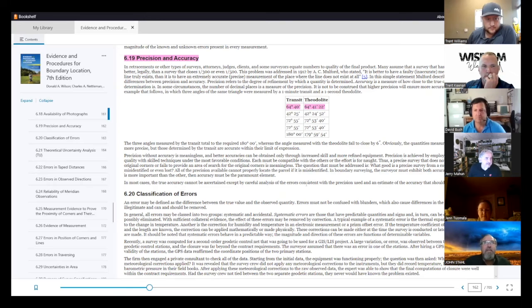I just had the NGS librarian go on a major hunt for me a couple of weeks ago. For those of us old enough to remember the traditional first order, second order triangulation, the standards specified what type of equipment you had to use, how many times you had to turn an angle, and what the rejection limits were.